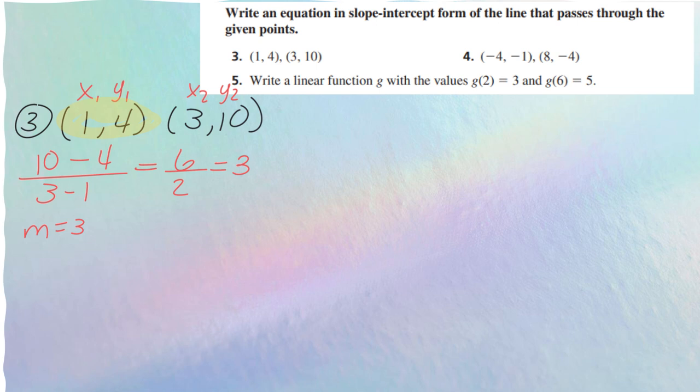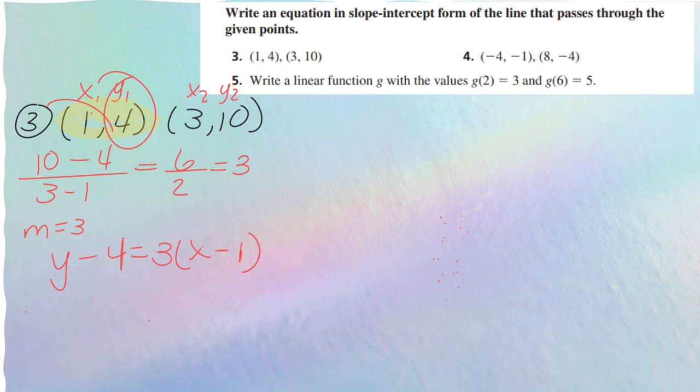We're going to use these first points as our what? Points given. So we're going to input our slope into our point slope form, which is y minus 4 equals 3 times x minus 1, correct? So first thing is distributive property.